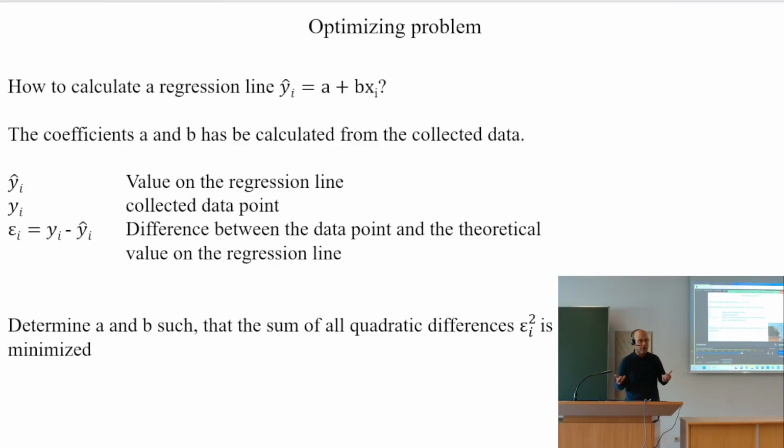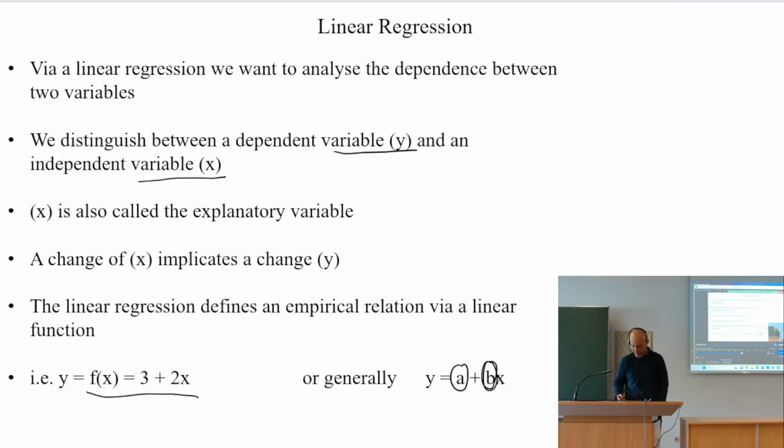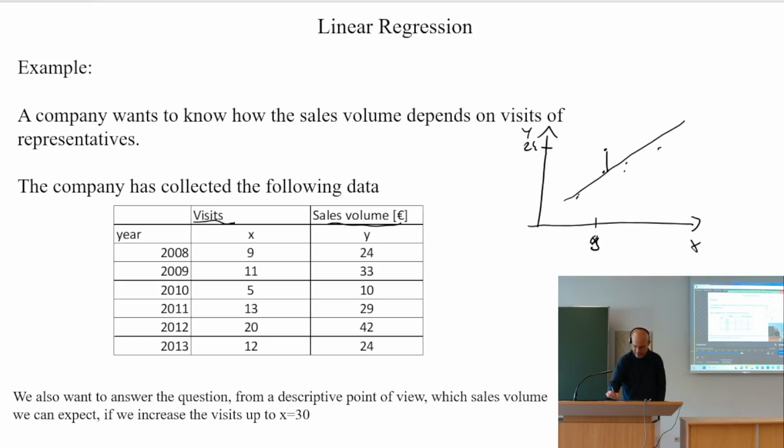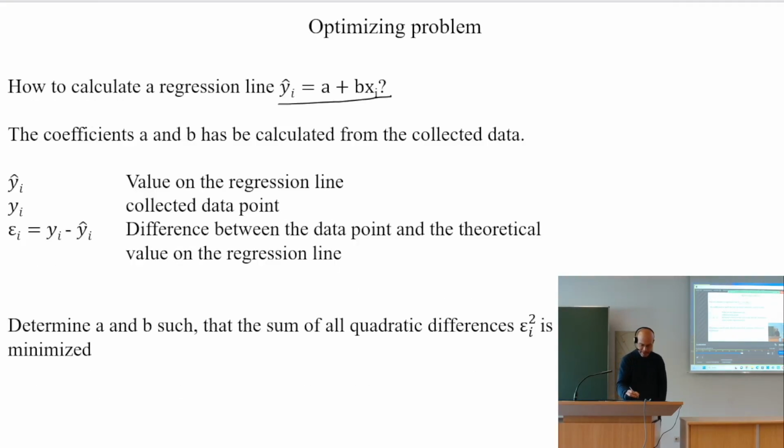So, but how should we calculate this regression line? Well, as with a business cycle, we have always a gap between the data point and our long-term trend, or here between our data points and the fitted regression line. And this difference we call then the error. So this is our line, and this is our actual data.